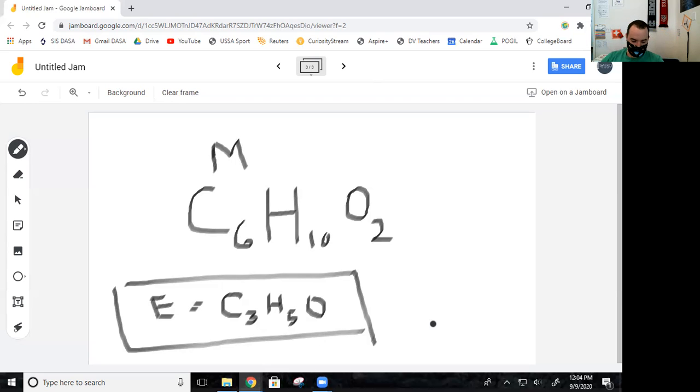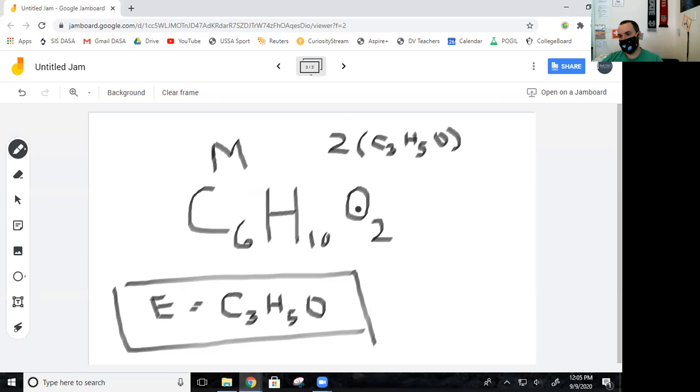Yeah, so understanding the ratio is important, but first of all, we need to make sure that you understand that if we take this molecule, is this the same as this?